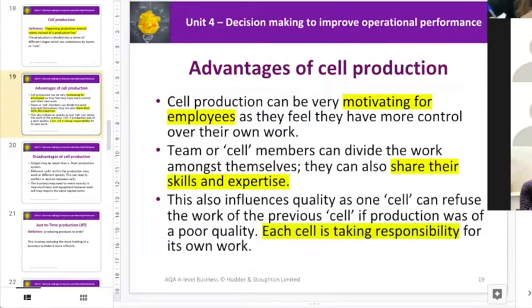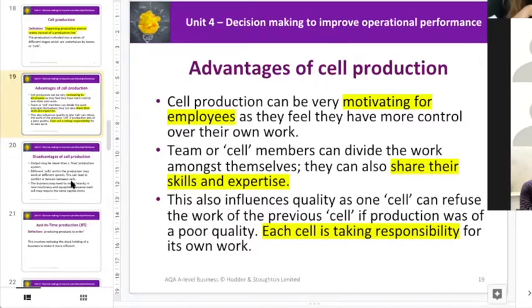So those are the benefits of using cell production. At this moment, you can just quickly jot down the key points I highlighted because we don't have enough time, and when you go back, you can look into the details of each slide. Those are the 3 benefits of using cell production.